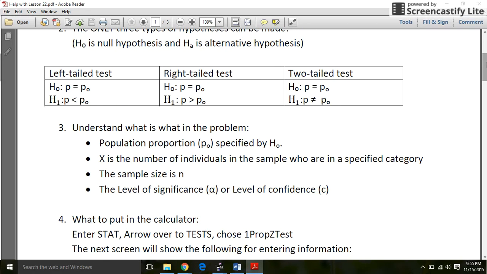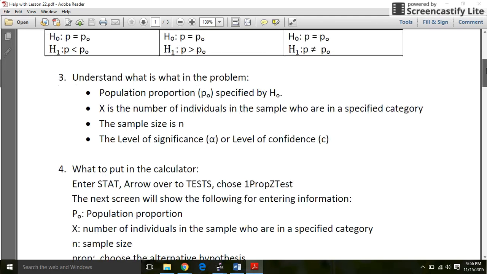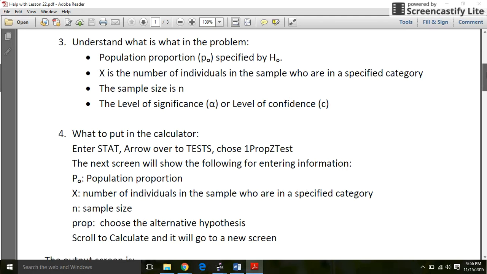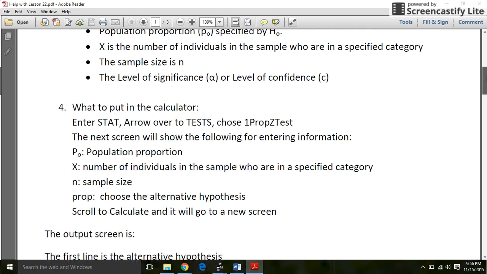It's looking for the population proportion, which is P with the subscript 0, and it's specified by the null. X is the number of individuals in the sample who are in the specific category that you're doing the hypotheses on. N is the sample size, and of course, the level of significance or the level of confidence. These are called one prop Z test.